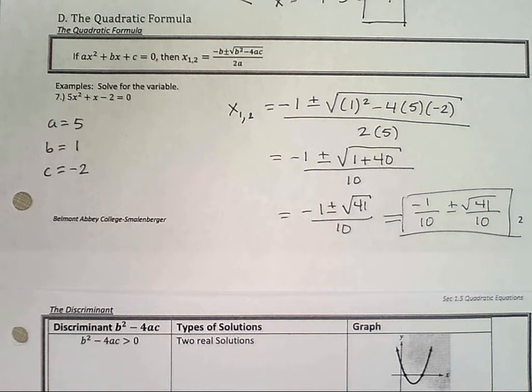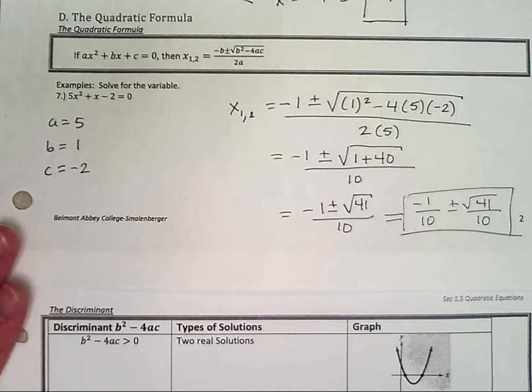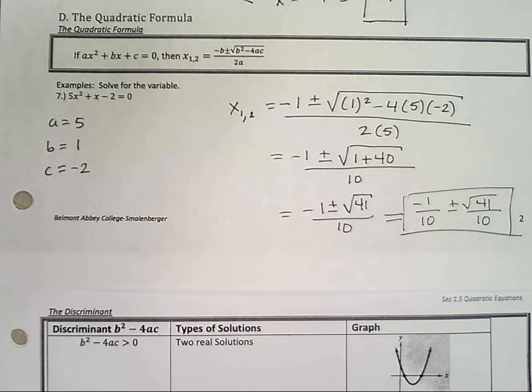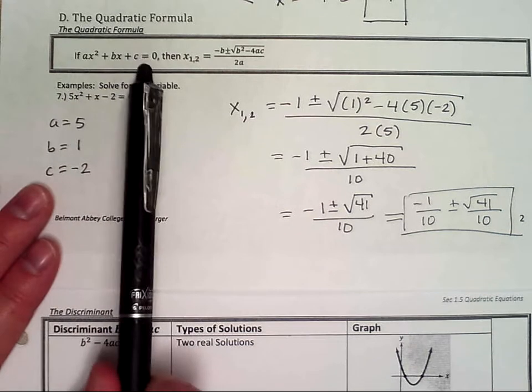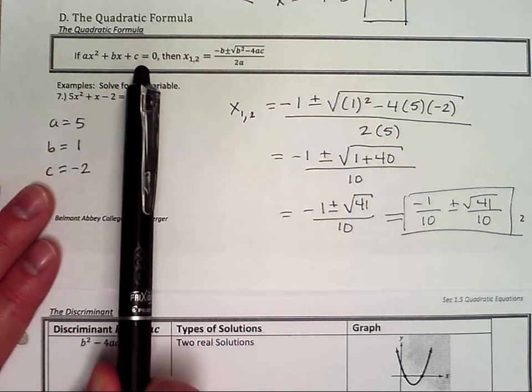Okay, so let's talk about what we're actually doing when we're solving quadratic equations. Does anybody know what we're doing? If we're setting the equation equal to 0, what does that mean our y value is?